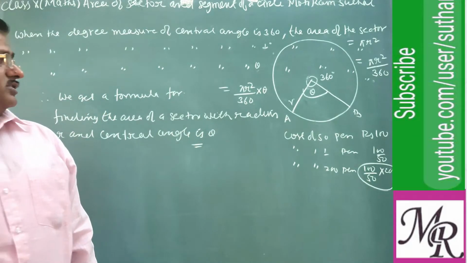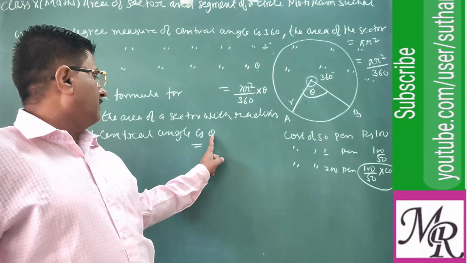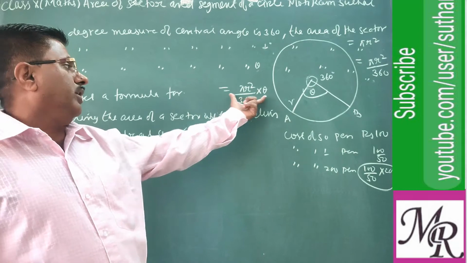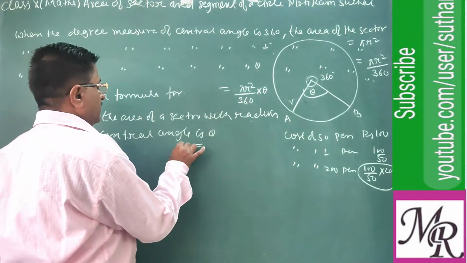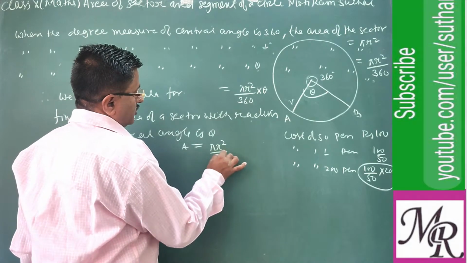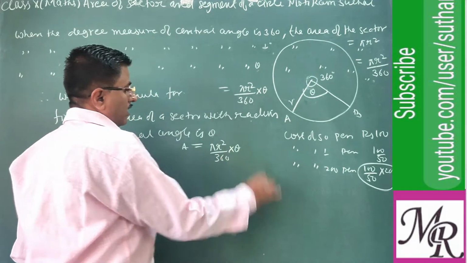If the central angle is theta and the radius is r, then the formula for area, this is very important, is pi r square upon 360 into theta.